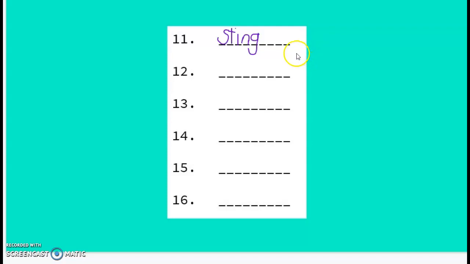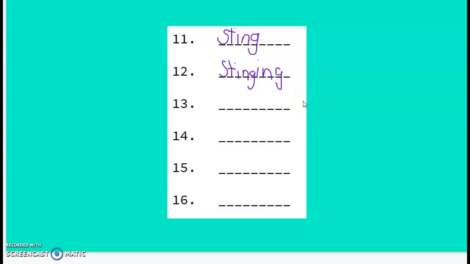Stinging. Do you hear the root word? Sting. Copy number 11. If the word is stinging, what do we need to add as a suffix for this word? Ing. What letters is that? Right. I, N, G. Make the ing sound on the end of words. Stinging.